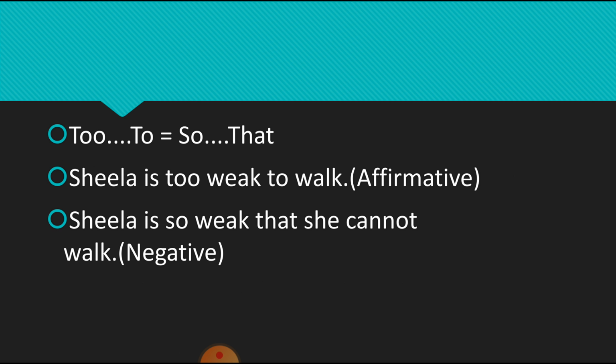Only we have to add not. Meaning should not change. That's why, see, Sheila is too weak to walk. She is very weak to walk. The same thing we have written in the negative also. Sheila is so weak that she cannot walk. We have made it negative, but the meaning is the same. So whenever you change from affirmative to negative, the meaning should not change.